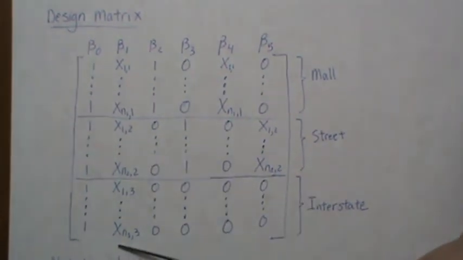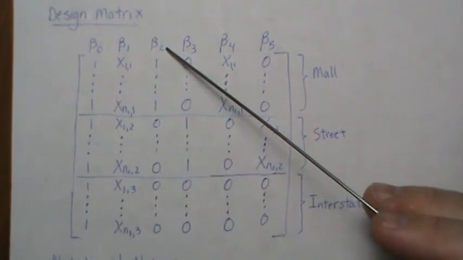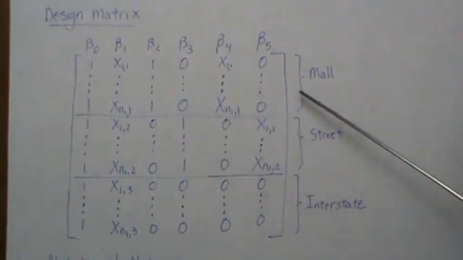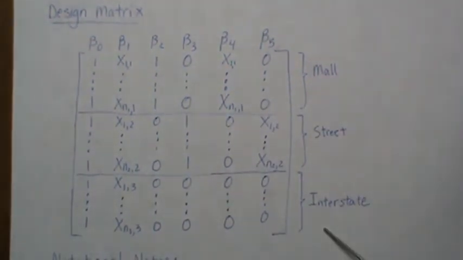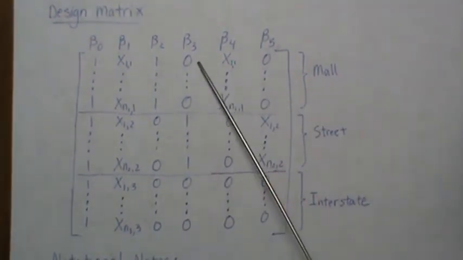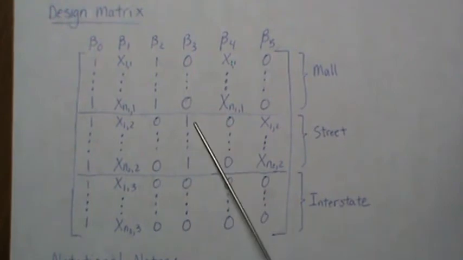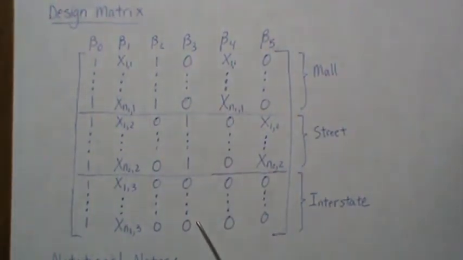Now beta 2 is the indicator variable, or the dummy variable, for mall, and it's a 1 if it's a mall, and it's 0 otherwise. Now beta 3 deals with the x3 variable, and it's an indicator variable for streets. So 1s when we're dealing with the street restaurant, and then 0 for all the others.